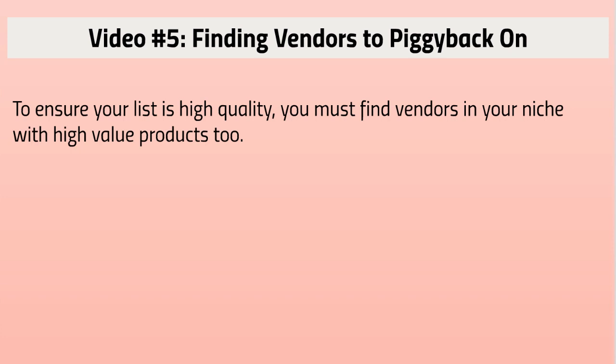So you want to make sure that you attract the customer that can resonate with them, but also resonate with you. If they're the type of person that are looking for high quality material and they're willing to pay for high quality material, that's the type of person that you want on your list.